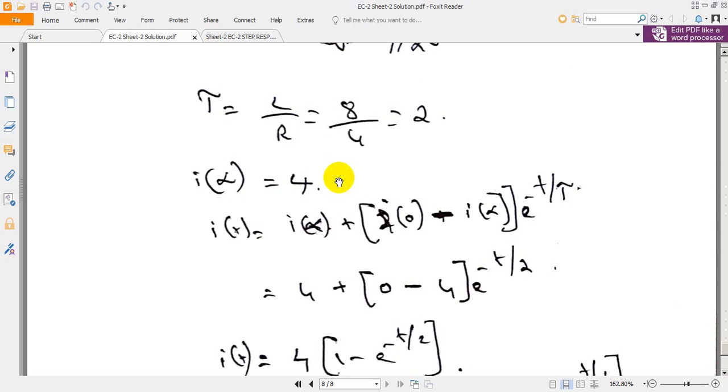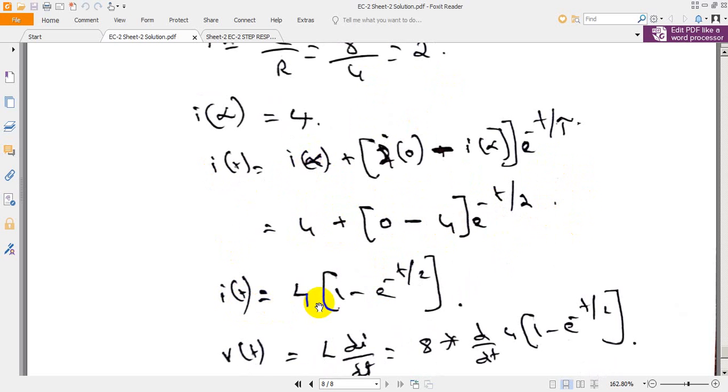Now substitute all the known values. I infinity is 4, plus I of 0, which is 0, minus 4, into e power minus t by tau. Tau is 2, substitute 2. You will get I of t is equal to 4 into 1 minus e power minus t by 2.